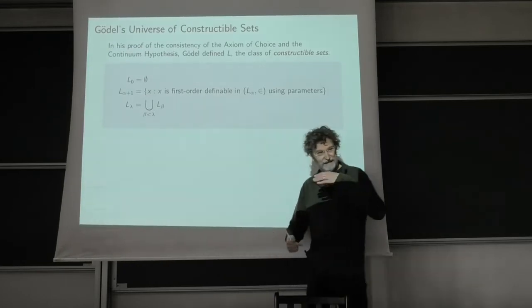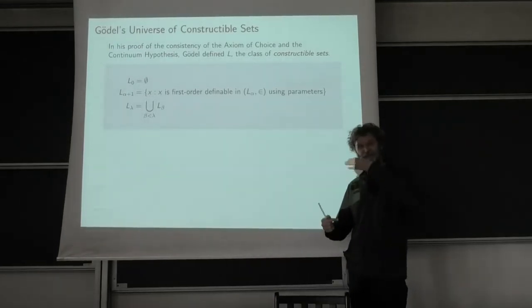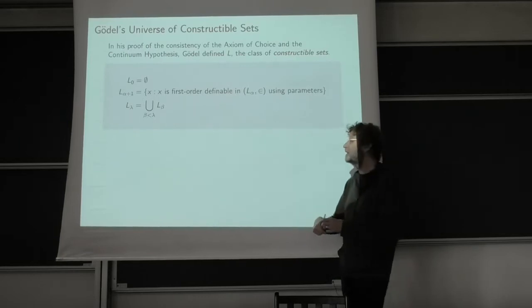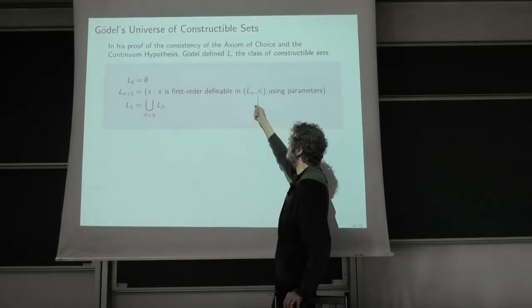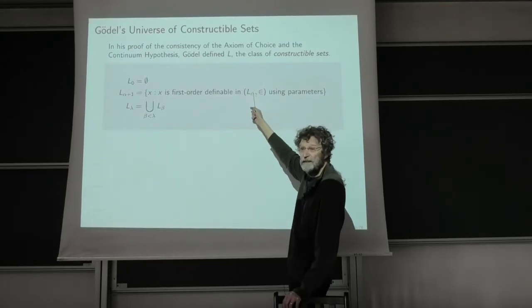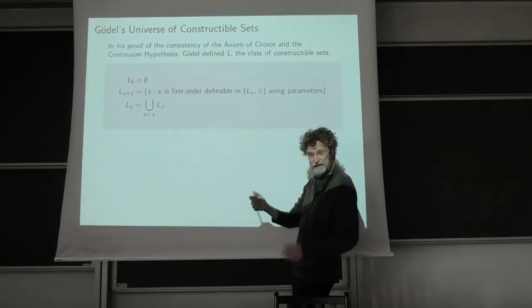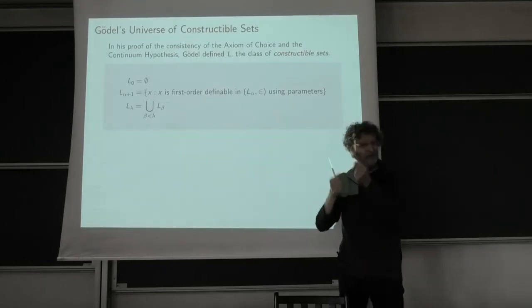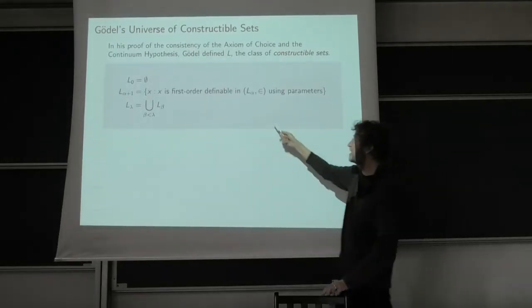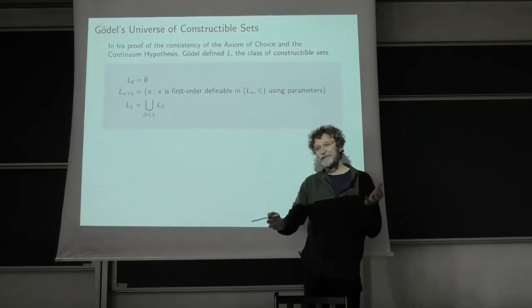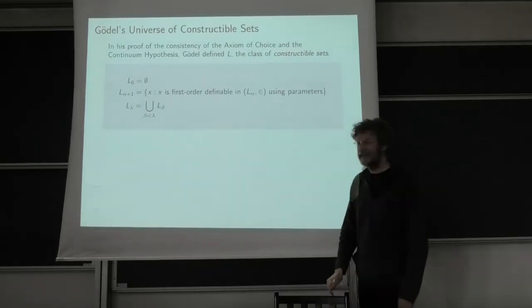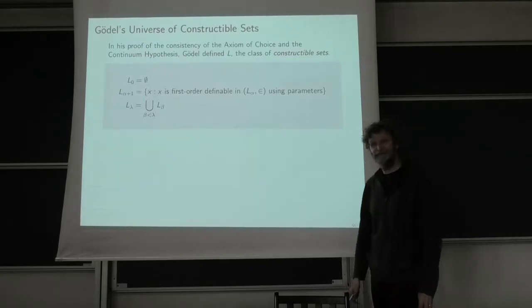At step omega, where you start to build something infinite, you form the set of X such that X can be defined over this structure using elements of the structure. So it's literally pulling yourself up by your shoelaces. You take everything that you've built up so far, and using that, what else can you define in a simple way?